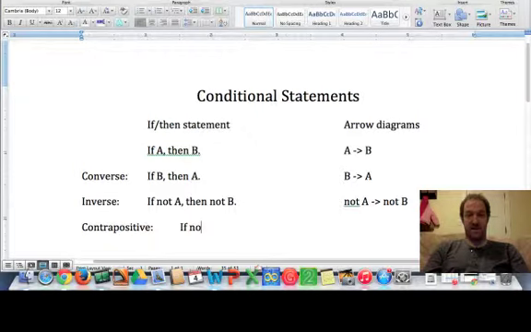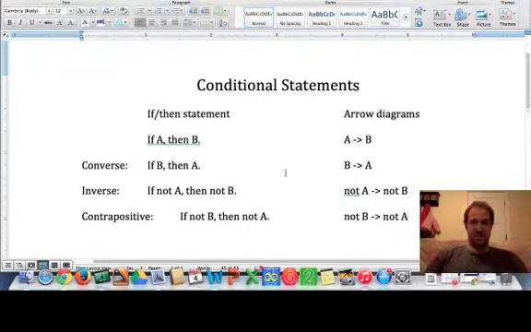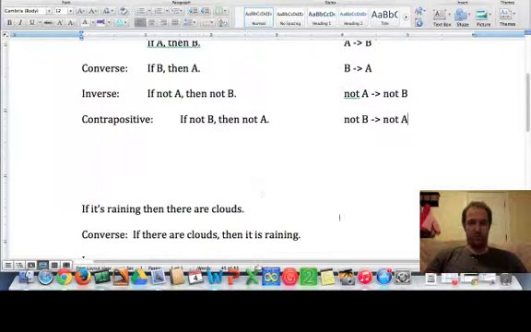So it would be if not B, then not A. And the arrow diagram would be not B arrow not A. So let's see these in a more real context here.